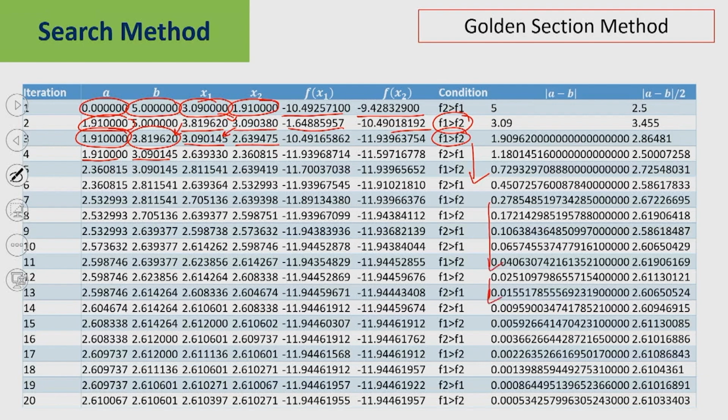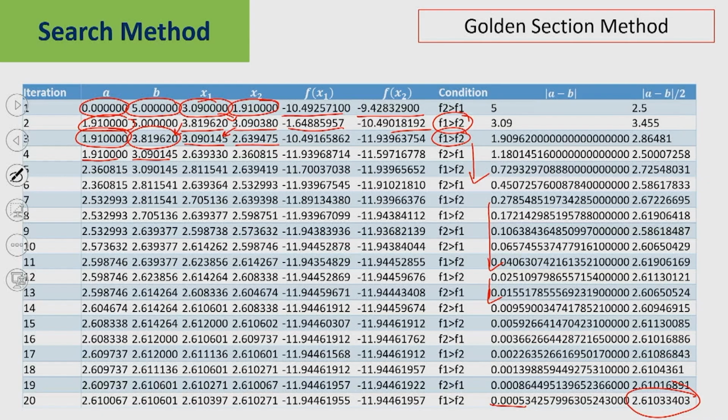The distance between A and B is decreasing, and once it reaches your desired precision, you can terminate. After 20 iterations you have a very narrow region, and the distance between A and B is 0.00053. And you get the solution, which is 2.61033403. So you got the solution using the golden section search method.